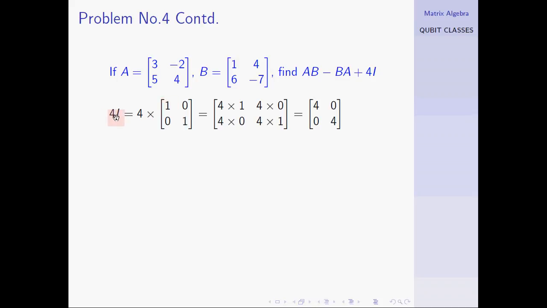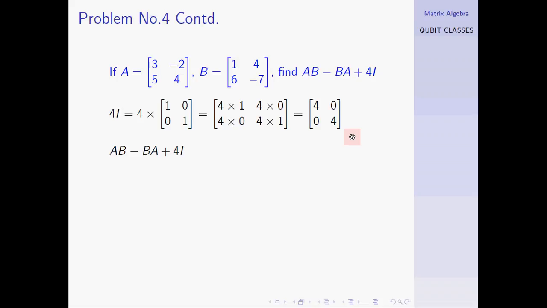Now 4 into I is another type of multiplication where you multiply a matrix by a number, or a scalar. This is known as scalar multiplication. When you multiply a matrix by a scalar, you multiply each and every element of that matrix with that scalar. That gives us 4 into 1, 4 into 0, 4 into 0, 4 into 1, or 4, 0, 0, 4.